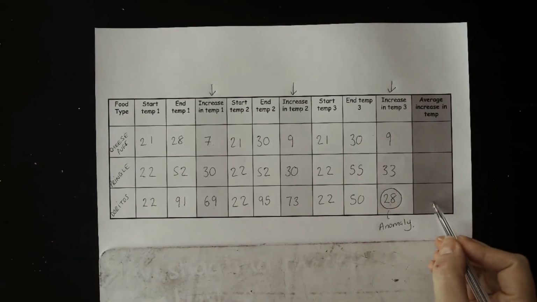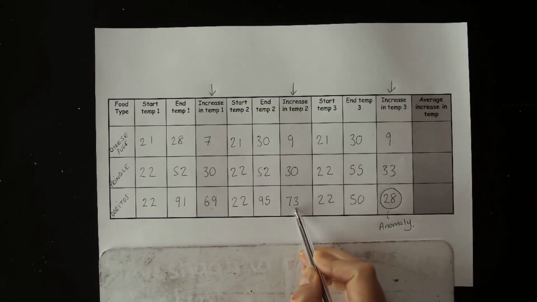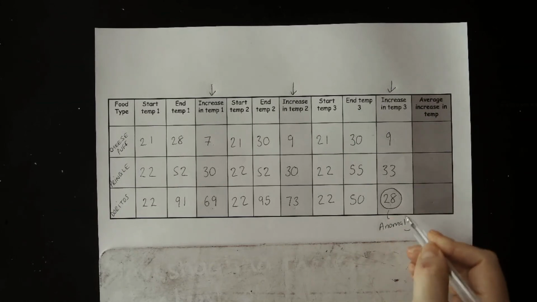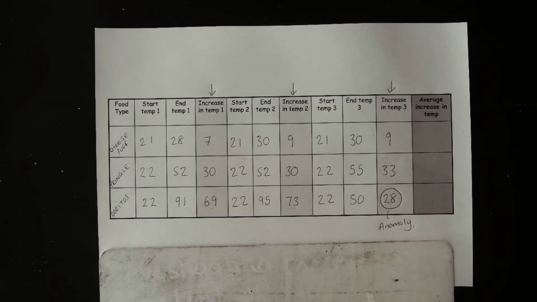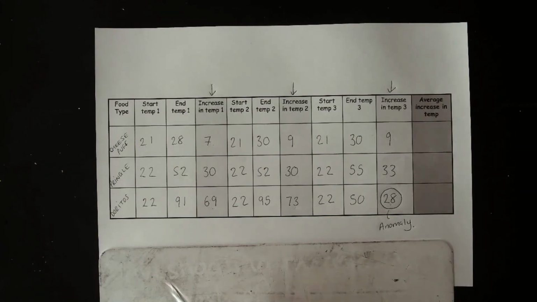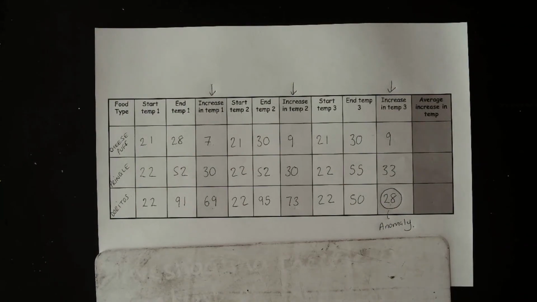So to work out the average here, I do 69 plus 73 and I divide by 2 because I'm only using 2 of the values. That will give me my average. You do not include an anomaly when you are working out your average. Once you've worked out your averages, you can clearly see which of the crisps has got the most chemical energy.